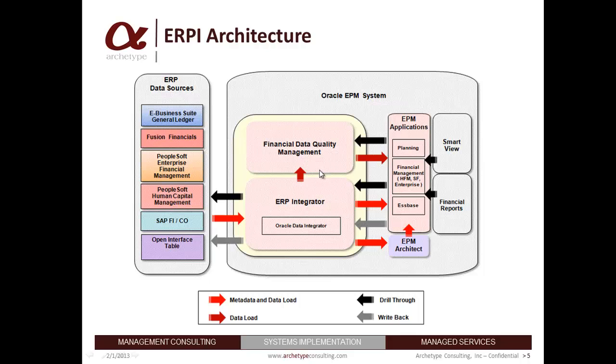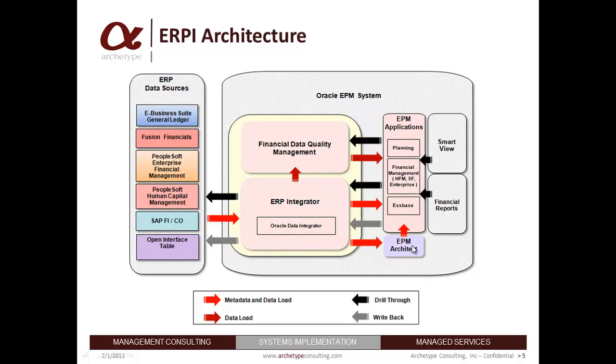We've done a lot of projects recently around FDM and getting data into Planning that way. So you can pass the data between ERPI and FDM and then stick it in your EPM application, or you can go directly. ERPI can also connect to EPMA, which is a metadata tool for the EPM suite of tools. So if you want to bring, say, your account dimension from PeopleSoft, you can bring it in directly into EPMA and then transform it into something that looks a little more Essbase friendly.